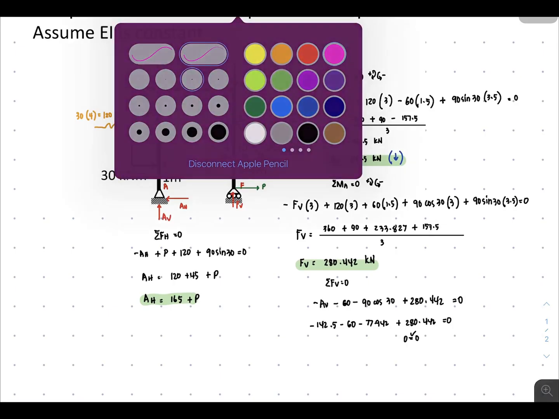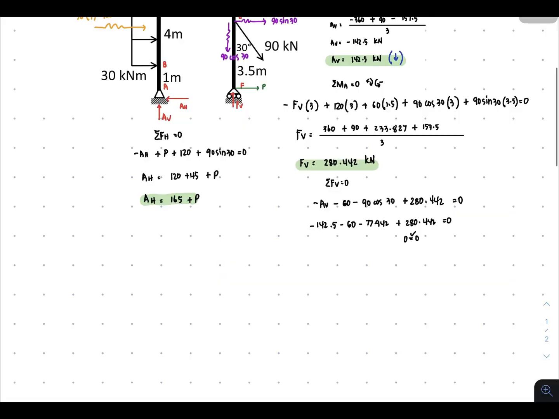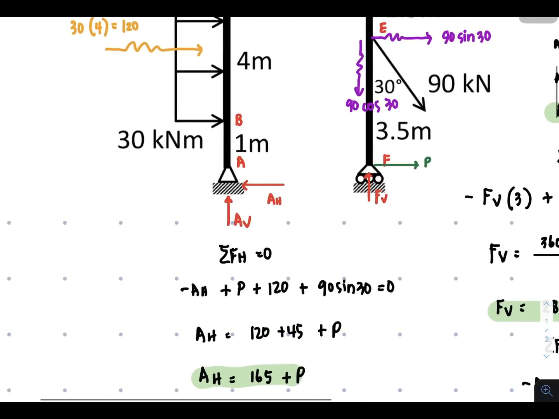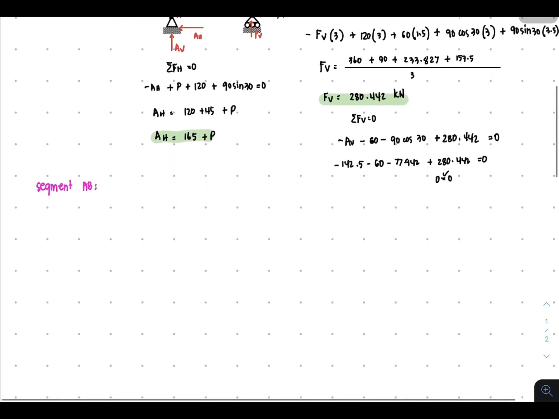Okay, so the next thing that we're going to do is consider every segment. So let's start with segment AB. For segment AB, all we have to do is cut here and consider the lower portion because that's a simpler figure.